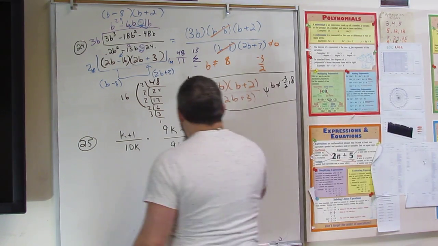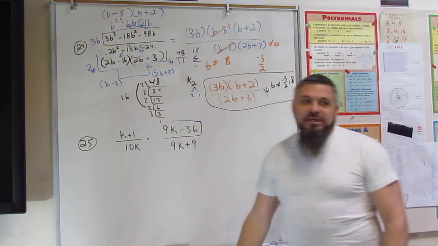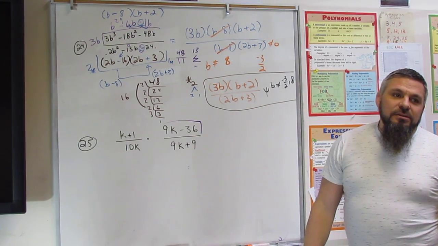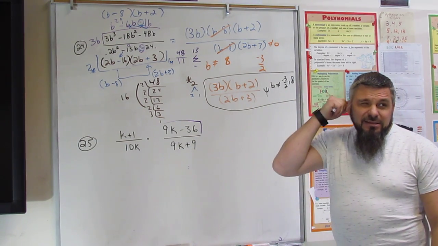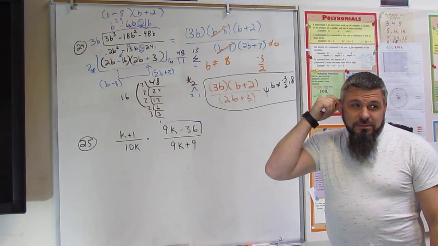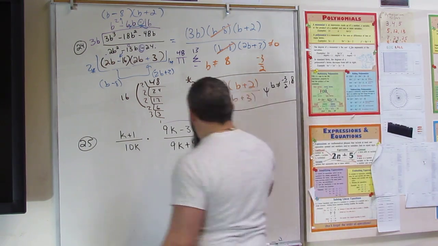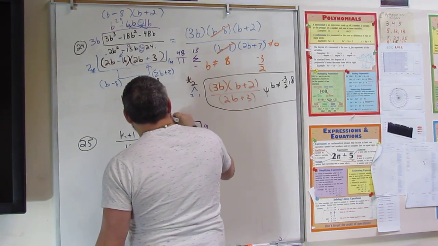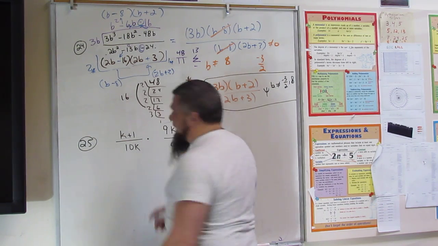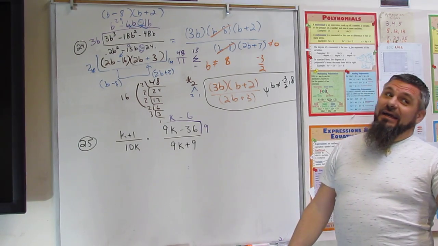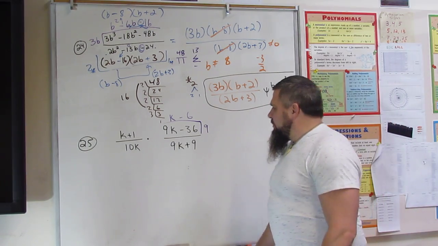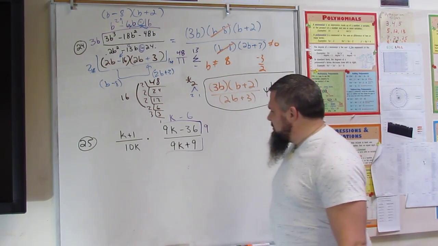All right, what goes into 9 and 36? 3. A little bigger. 9. So it goes in there 4 times, right? Okay. What goes into 9 and 9? 9.